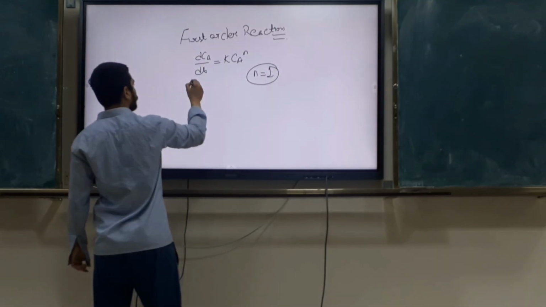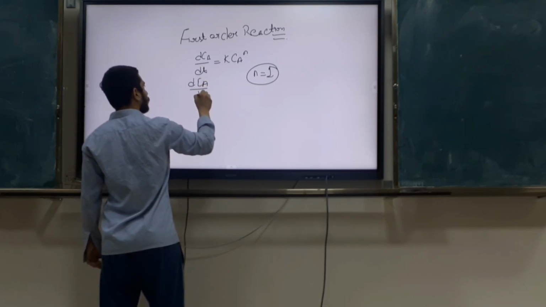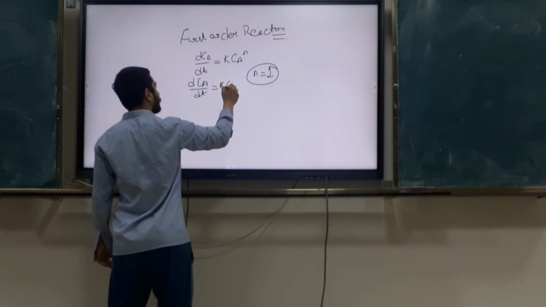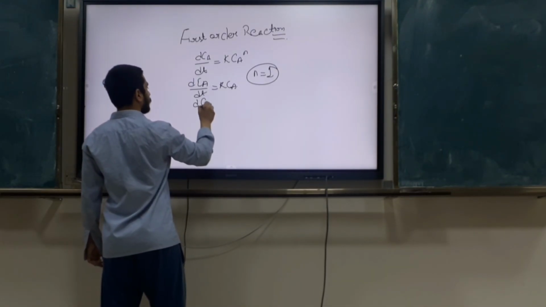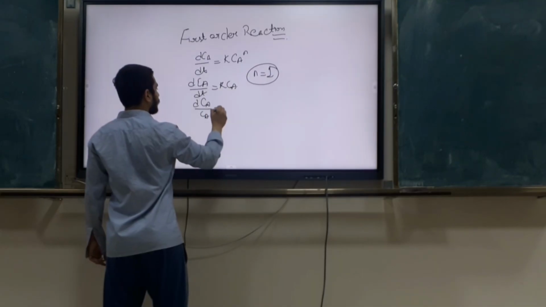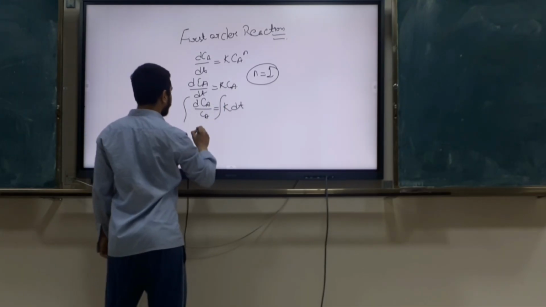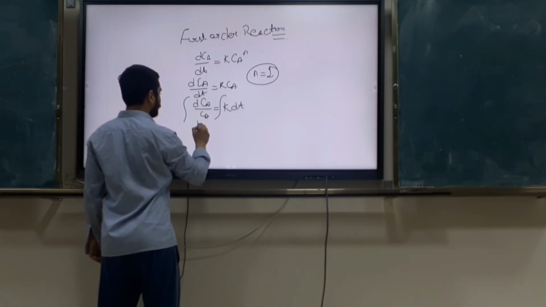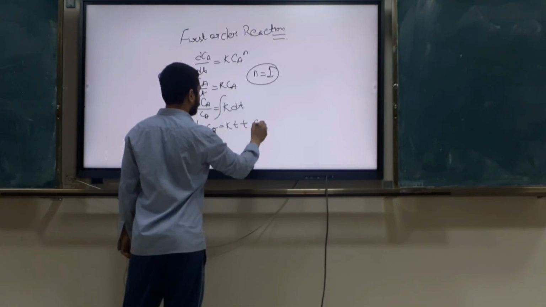So dCa by dt is equal to K into Ca, so dCa upon Ca is equal to K into dt. If we integrate both sides, ln Ca is equal to Kt plus C.